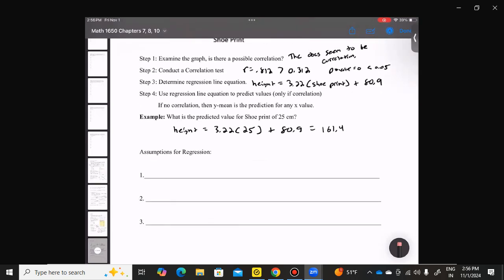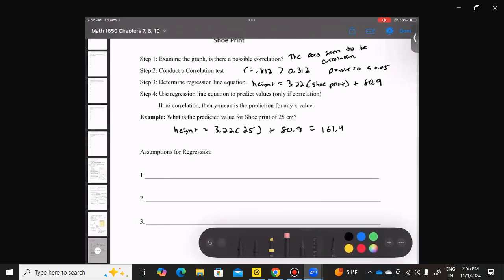So, assumptions with regressions. First, we're only looking at linear regression, so only concentrating on linear regression.